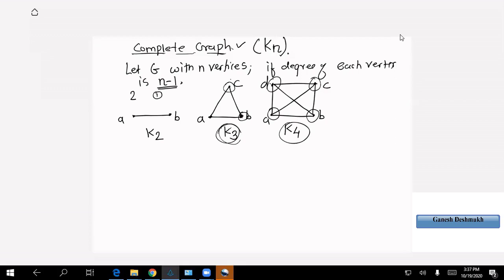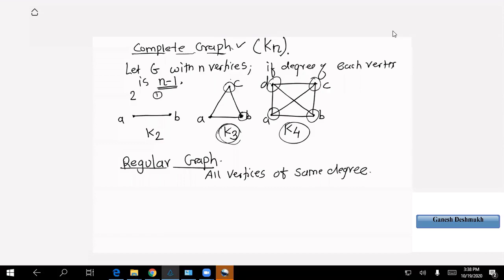Now, the next important definition is a regular graph. How is it defined? If all vertices are of the same degree, then it's called a regular graph.